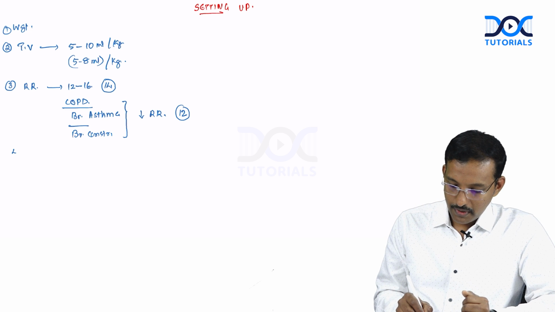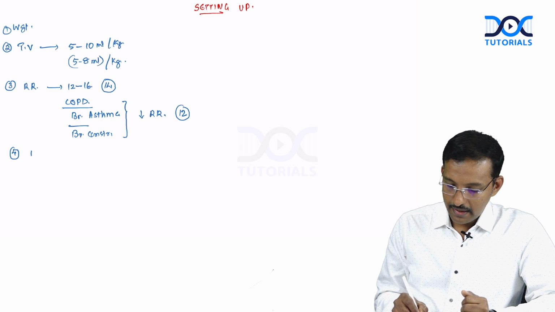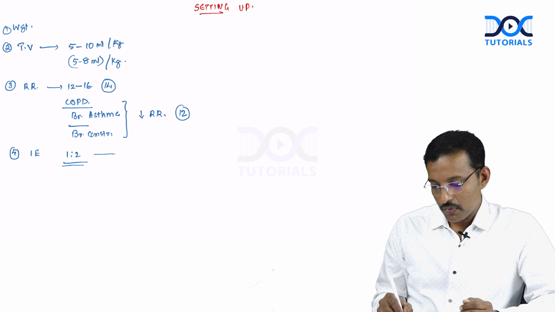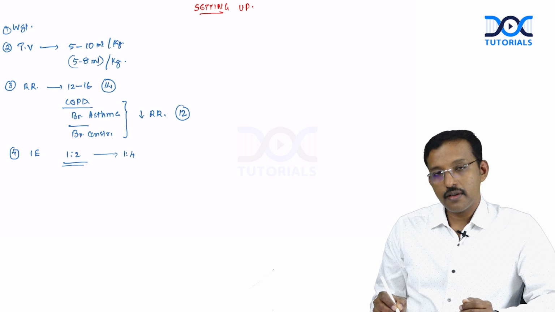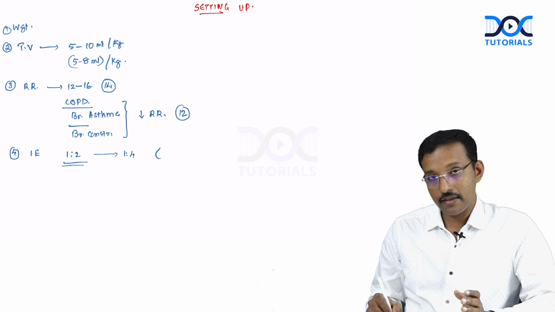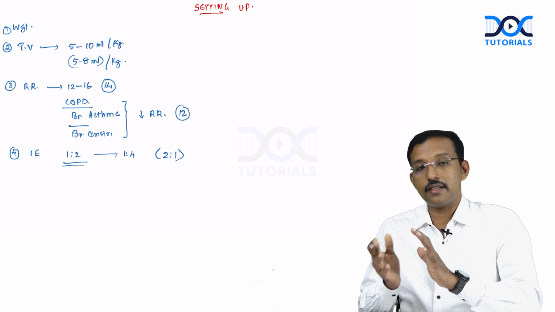Now coming to the next one, this can be done by the IE ratio. The normal IE ratio is 1:2. It can vary up to 1:4. Very rarely you can also go with inverse ratio ventilation, where it is actually 2:1, or reverse the ratio.